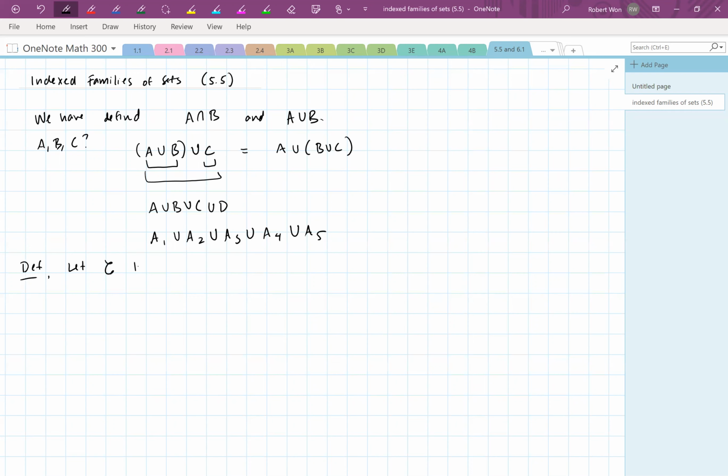Let's let script C be some family of sets. This is potentially infinite. And I'll give you some examples in a second.